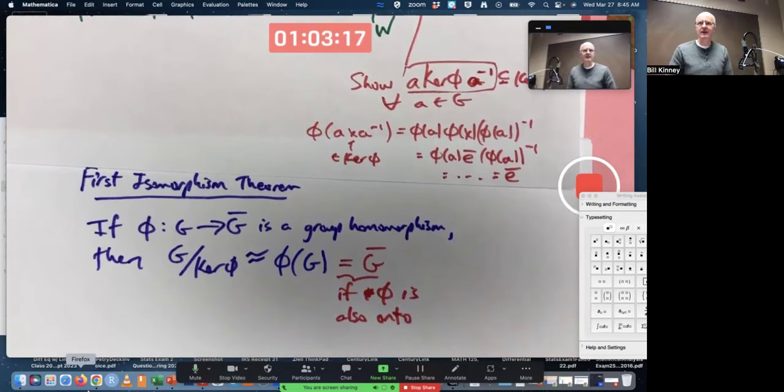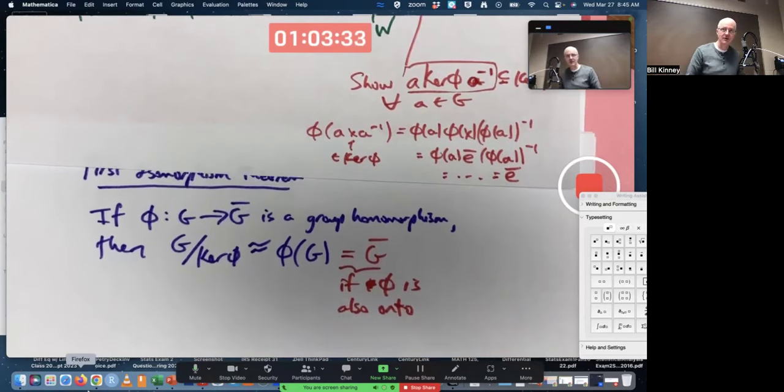First isomorphism theorem's got lots of applications for classification of groups and helps us see lots of facts about what certain groups are isomorphic to.